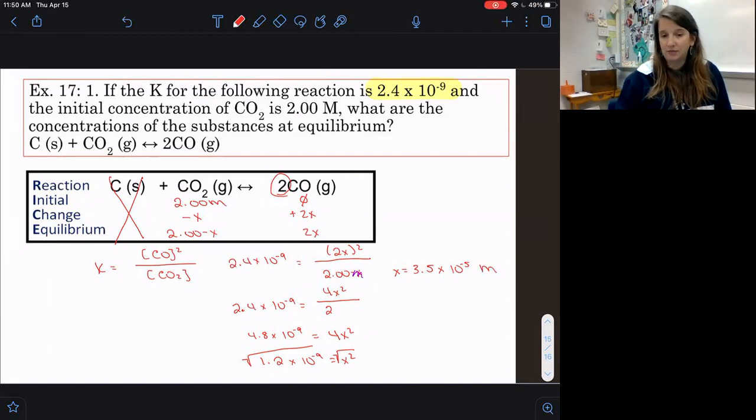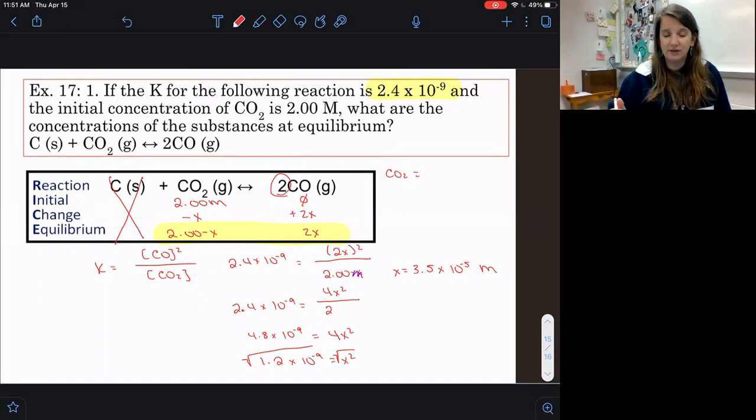So again, this is not my answer. It's asking for the concentrations of the substances at equilibrium. So once you solve for x, you plug it back into your equilibrium row. So my concentration of CO2 at equilibrium is going to be 2 minus x. So I do 2 minus x, and I get 1.99996.